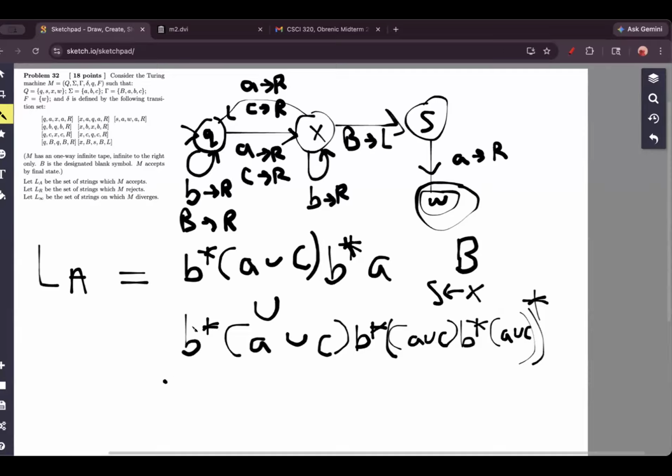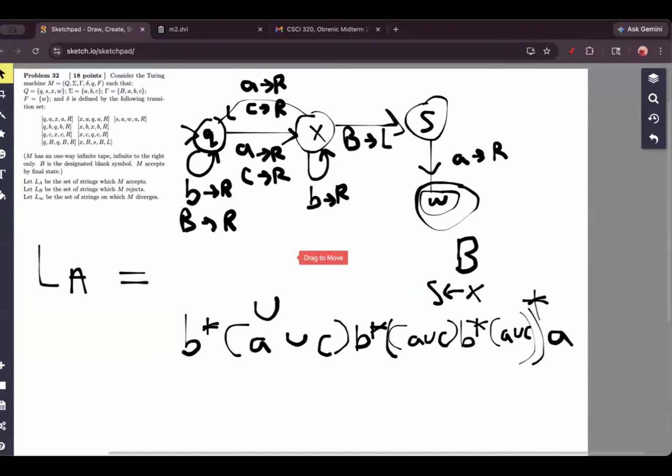Let me see. So B star over here, Q, and then you see A or C to go to X, and then from over there you get to C, B star, or you could loop A or B, and then B star, and then A or C, and you get to over here, or you could skip that, and then you would have to end with the A to get to S. So I think this should be the answer because again, if you cleanly start, you basically get rid of this bit.